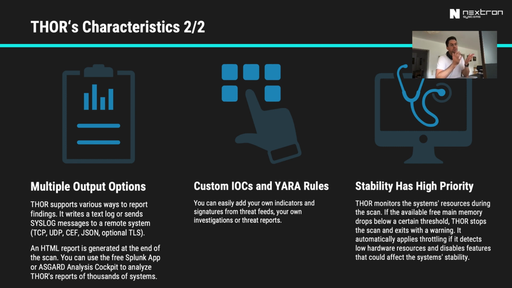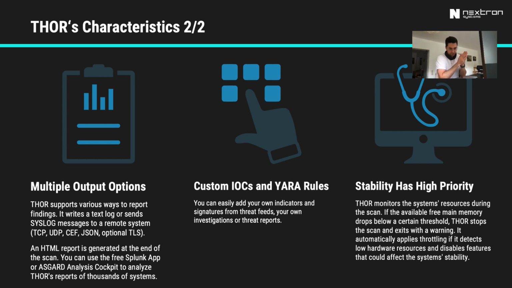It wasn't used so often. Most of our customers used TCP and UDP and the JSON outputs. Optional TLS. There is a text log written during the scan, and an HTML report that gets generated at the end of the scan. You can include custom IOCs and YARA rules. I have a separate slide for that.